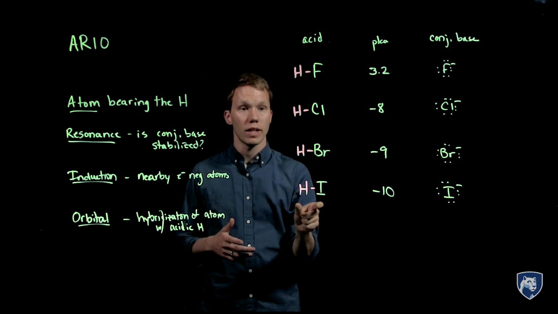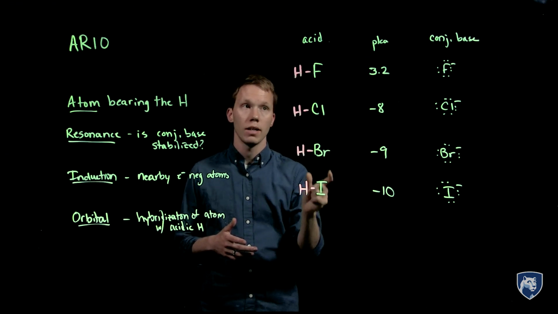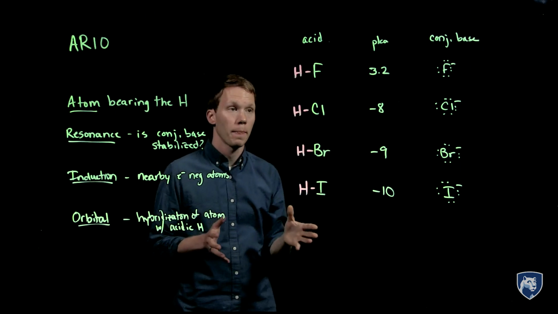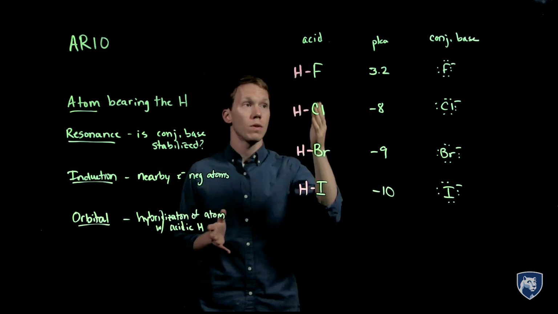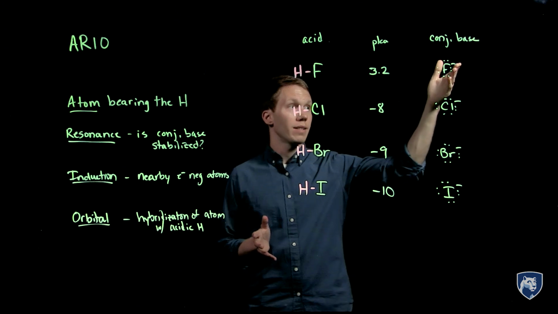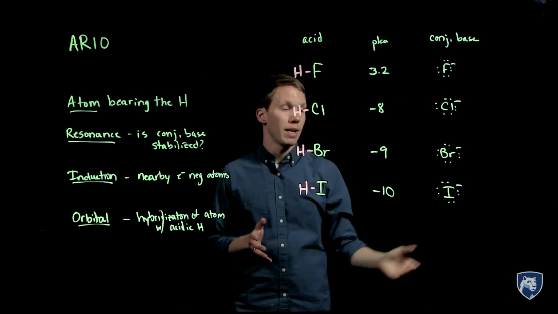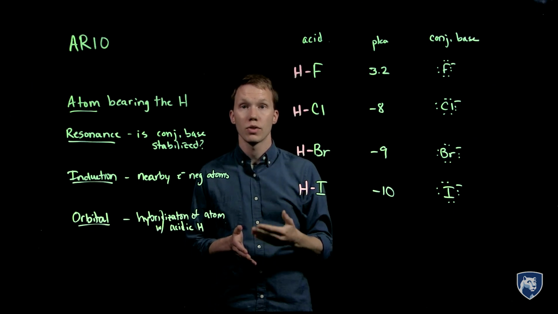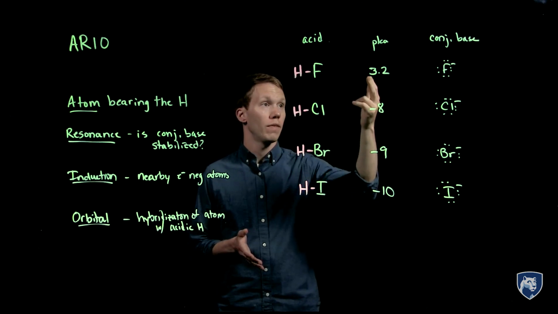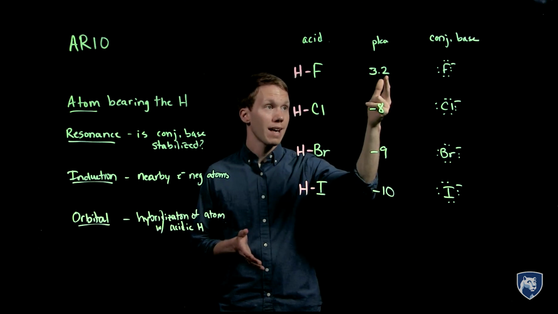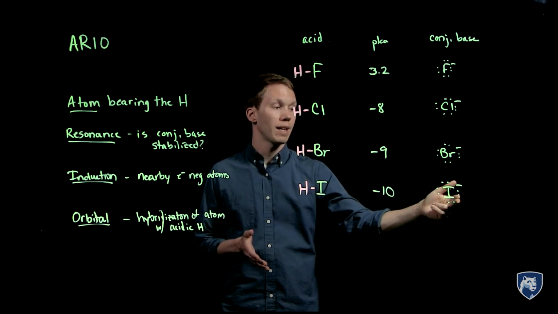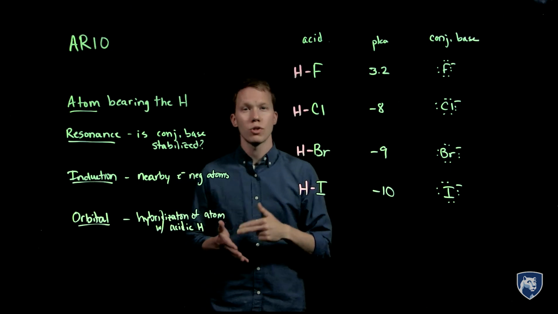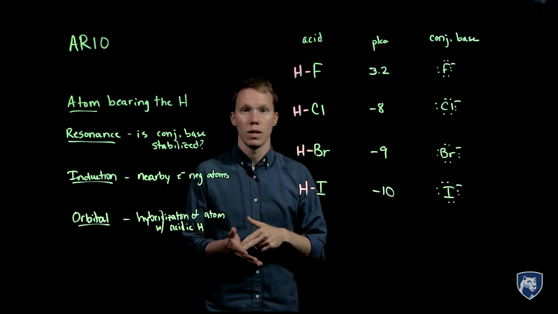So there must be something different that we need to use to explain the difference in acidity for atoms in the same column or same group. Okay, so we're looking at their conjugate bases, F minus, Cl minus, Br minus, I minus. The more stable the conjugate base, the stronger the acid. So if this is the weakest acid and this is the strongest acid, that must mean that I minus is more stable than F minus. So what could we attribute this stability to?